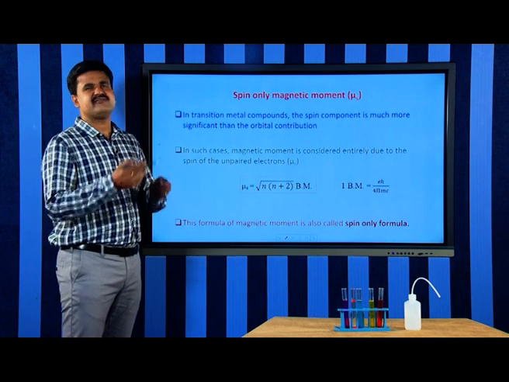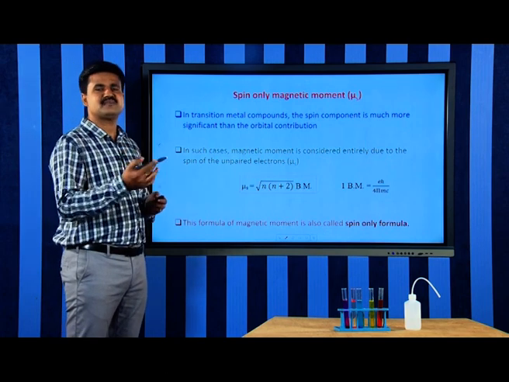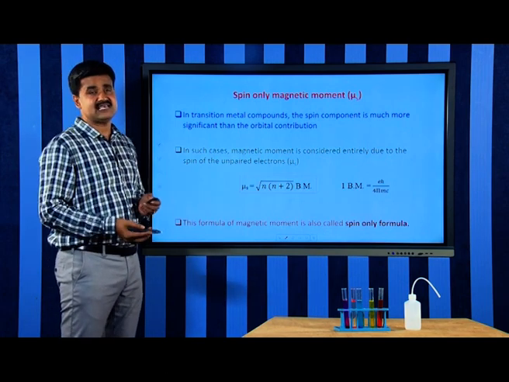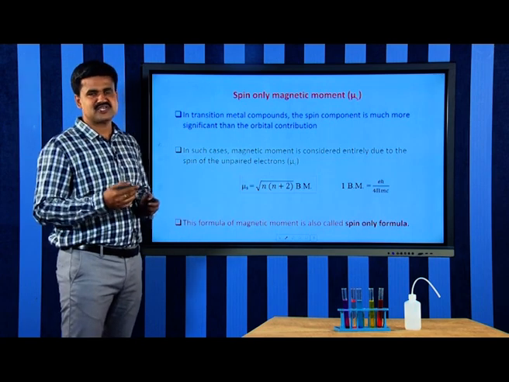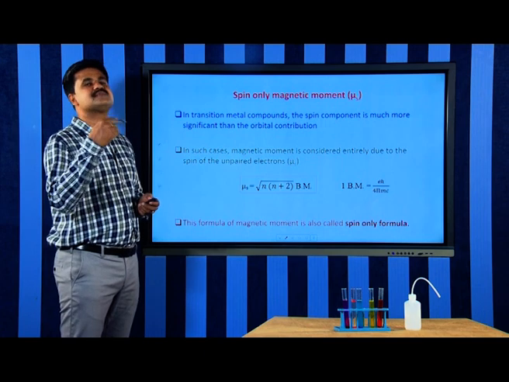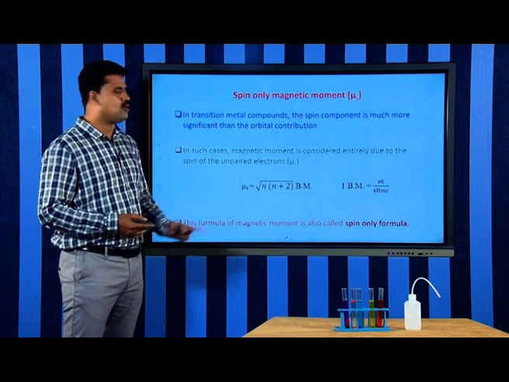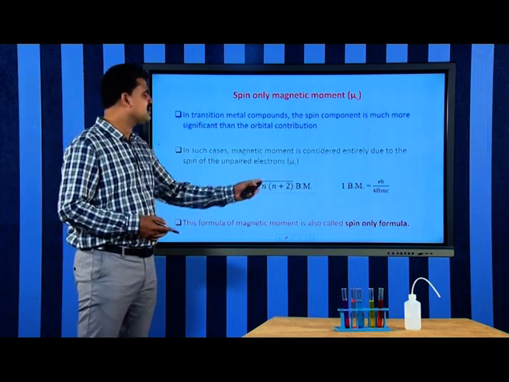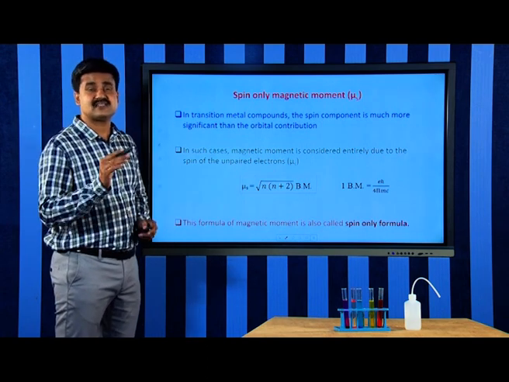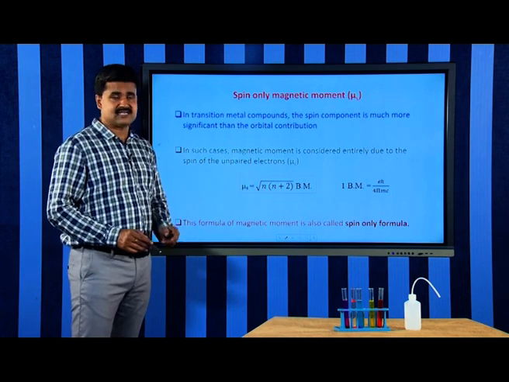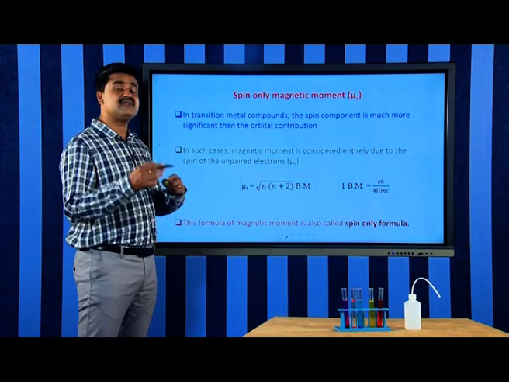Thus, in many cases, we simply avoid the orbital contribution for convenience in determining the total magnetic moment, and we calculate the spin only magnetic moment using the equation mu s equals square root of n into n plus 2, where n represents the number of unpaired electrons in the system. From this equation it is clear that if the number of unpaired electrons is high, the magnetic moment will also be high.